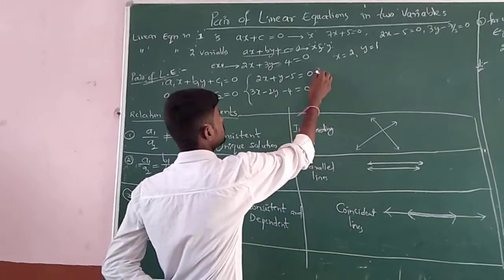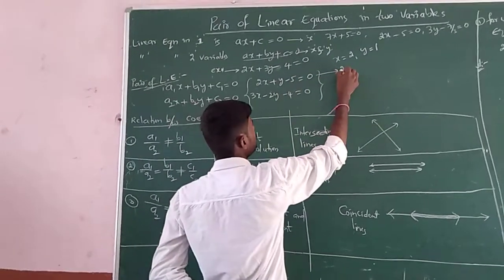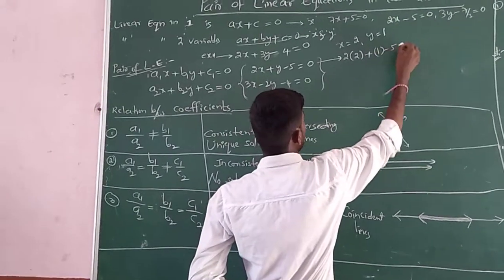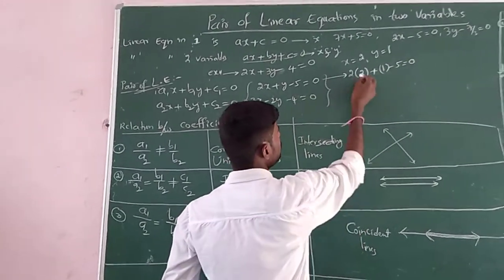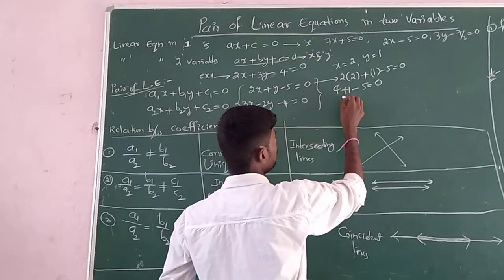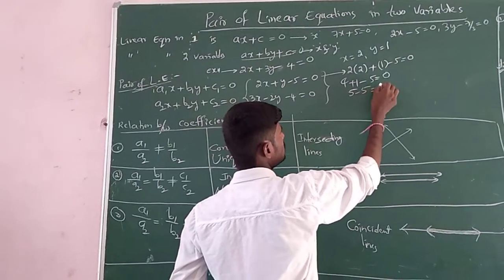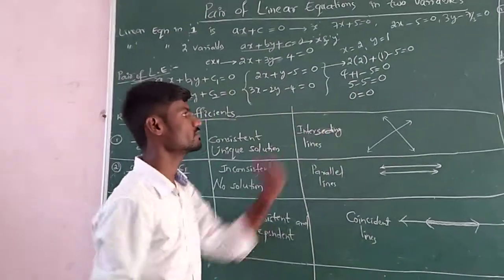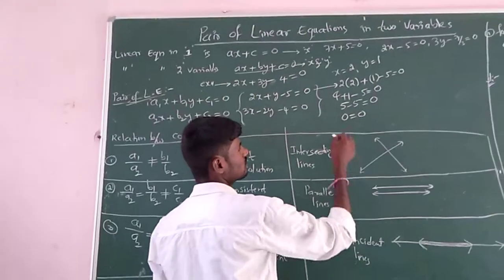If I substitute in the first equation, x value 2 plus y value 1 minus 5 equals 0. 2 twos are 4 plus 1, 5, minus 5 equals 0. 5 minus 5, 0 equal to 0. True or not? Yes, satisfied. LHS equals RHS.